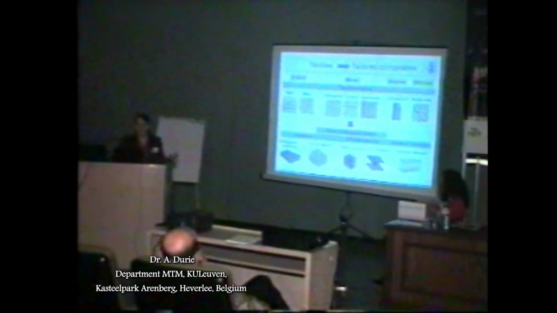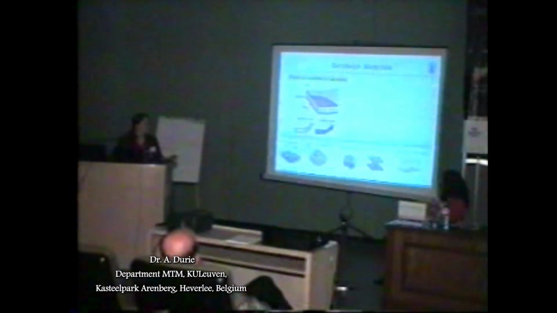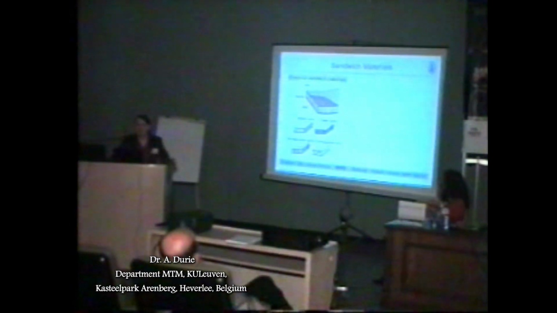Of our particular area of research, and there are thousands of examples of different preform types in this field, our area of research at the moment is in sandwich structures, which is on the bottom right-hand side of the screen. Classic sandwich materials are made up of a core with two skins that are attached to it.